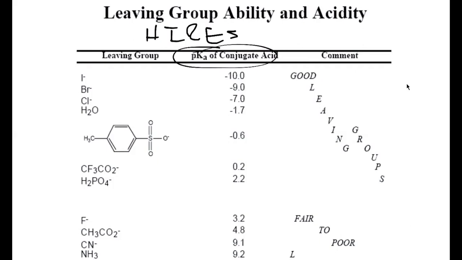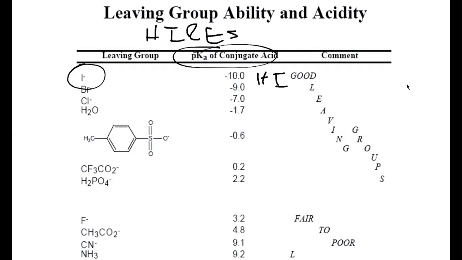So if the leaving group is iodine, then the pKa of the conjugate acid, which would be HI, is -10. That means that iodide is a really stable conjugate base, because that's what the leaving group basically is. It's like a conjugate base. It has a charge. It picked up a pair of electrons, and it's just kind of hanging.